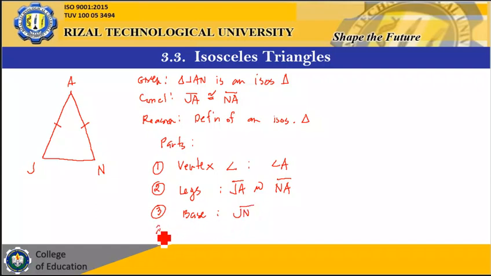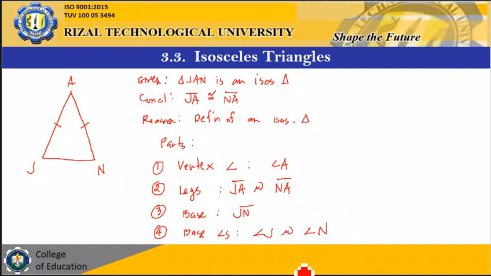And finally, we have the base angles, which are angle J and angle N. So those are the parts of the isosceles triangle.